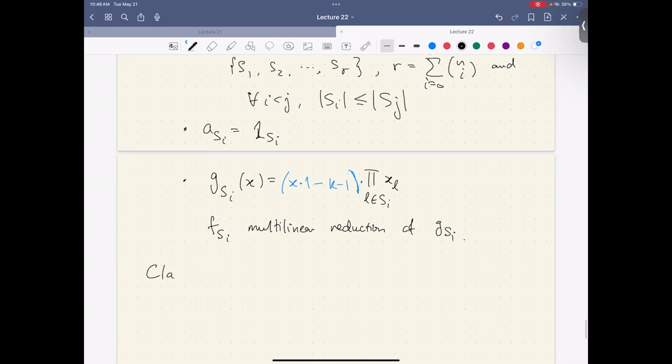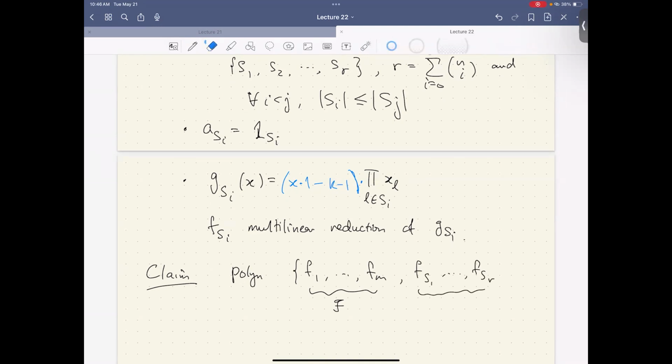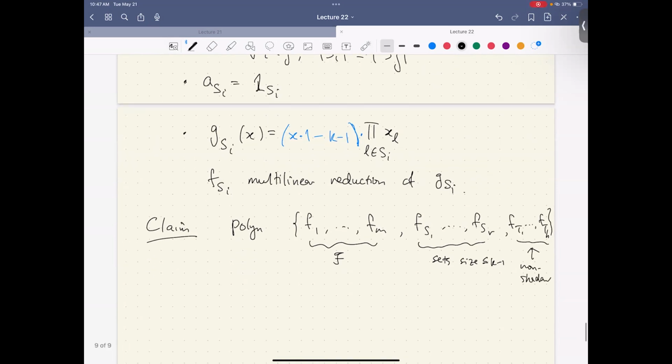The claim is that the polynomials F1 to Fm, those corresponding to F, the first family, and then let's write the last family first, S1 to SR, corresponding to sets of size at most k minus 1, and then FT1 to FTH, this is non-shadow, they are linearly independent.